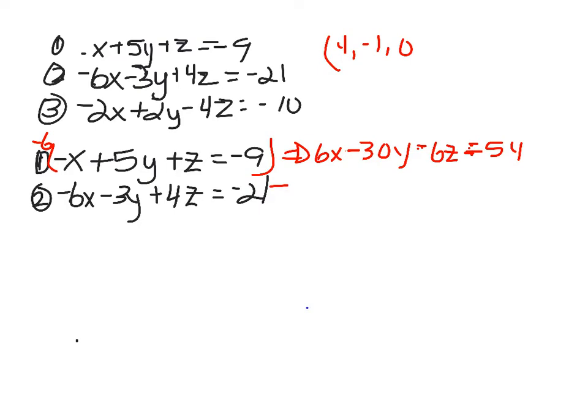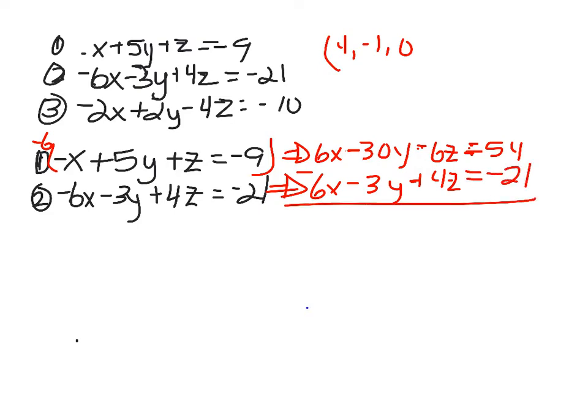And then I'm going to leave the bottom one the same, so that's negative 6x minus 3y plus 4z equals negative 21. Okay, so I add them together, and I get the x's to cancel, so I get negative 33y minus 2z equals 33. I'm going to call that equation A.